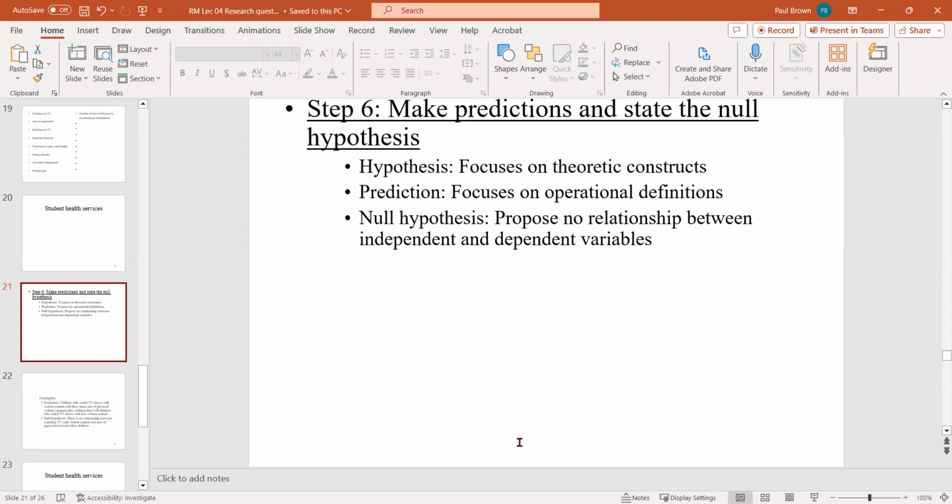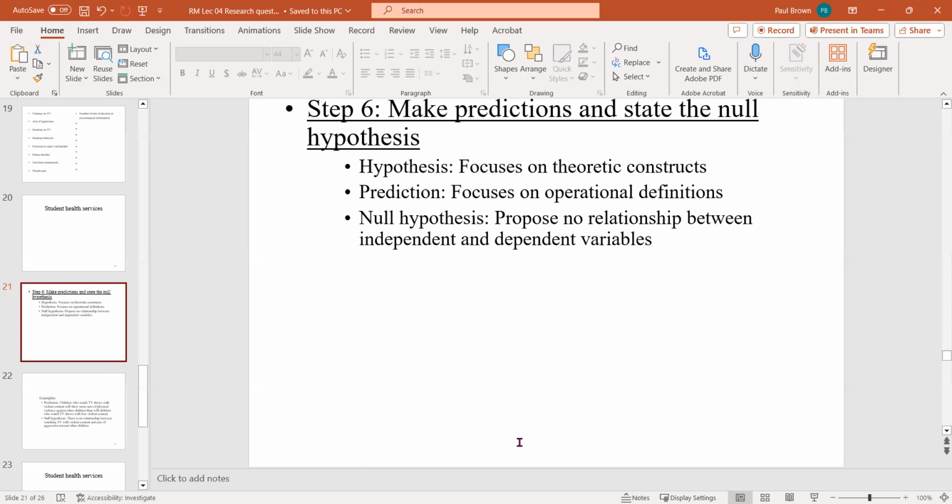The hypothesis is that for students with knowledge, students will have higher perceived quality of care of student health services will have higher willingness to use student health services. Okay, that's your hypothesis.